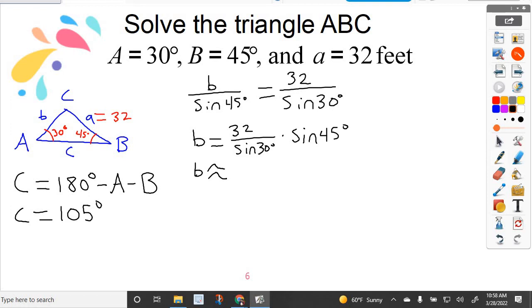That is because notice 30 and 45 are both on our unit circle, but we want the decimal approximation. So it's 45.255 feet. So on this one you could get an exact number, but we wanted to go ahead and round it. So then how would we set up our little c?